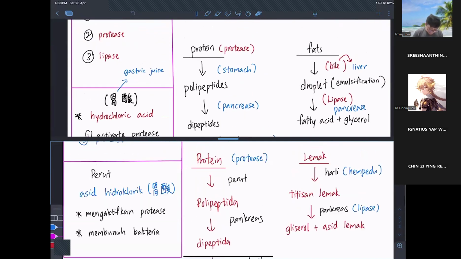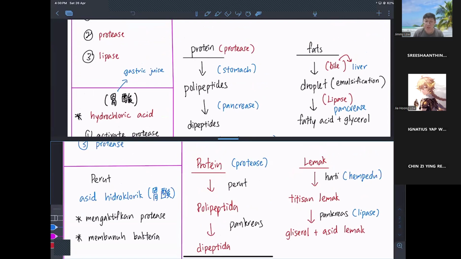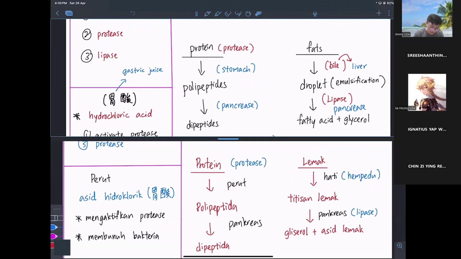For fats, the first phase to digest the fats is the liver. The liver secretes bile. Bile is actually used to neutralize the acidic chyme. You know chyme: when food first gets digested, it often appears something like porridge. That porridge-like digested substance is called chyme.